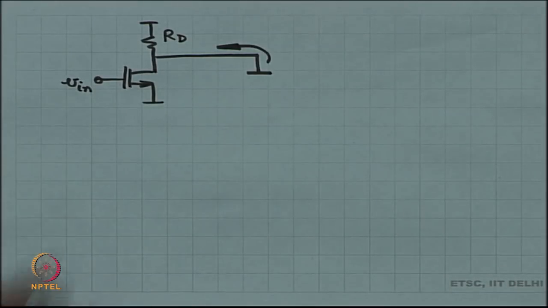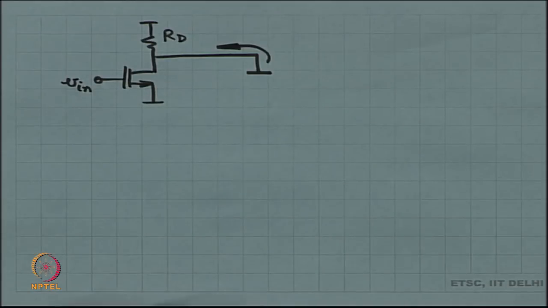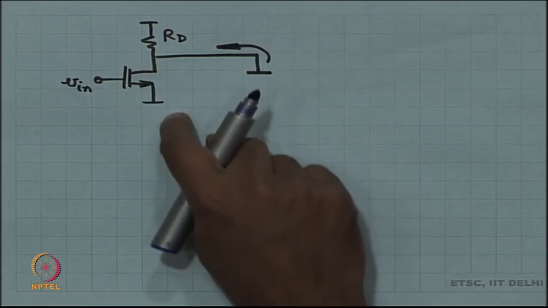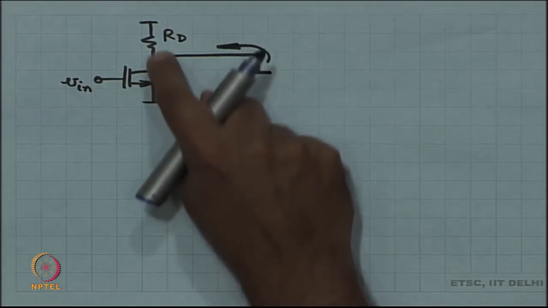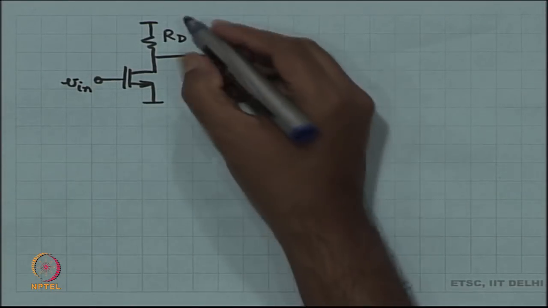So, this is the experiment, you are applying V in, you are going to measure the current over there, and the understanding is that inside the MOSFET RDS carries no current because both sides are at ground, GMB carries no current because body and source are at ground, right.